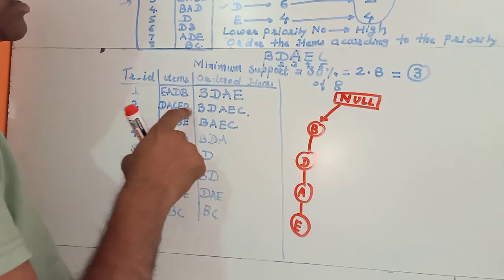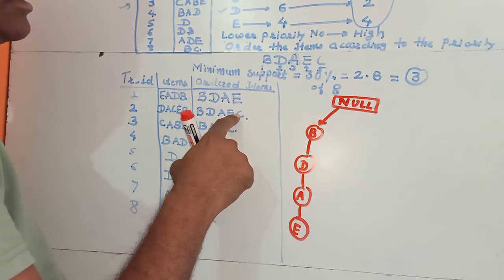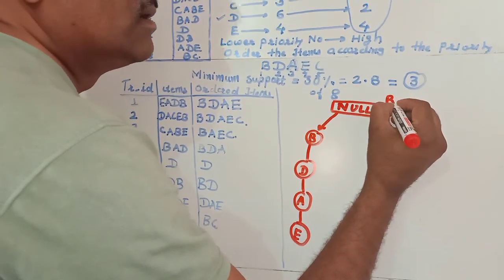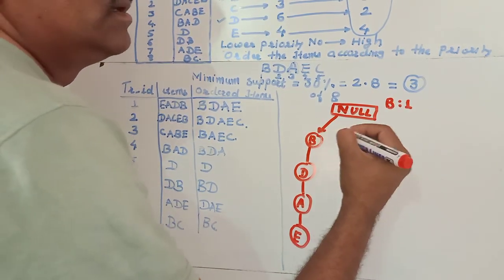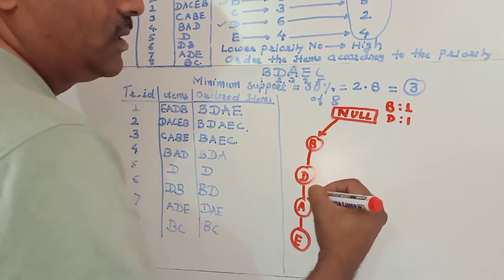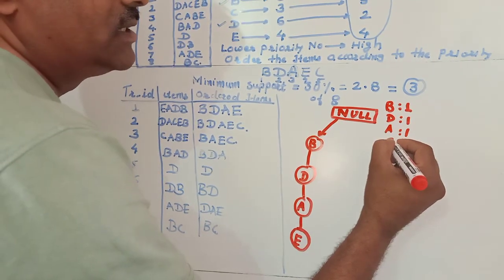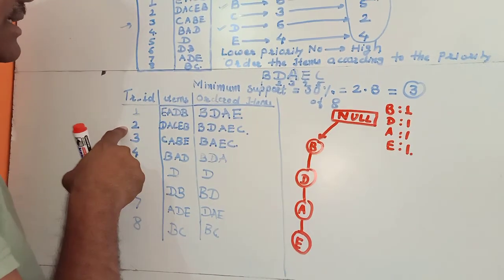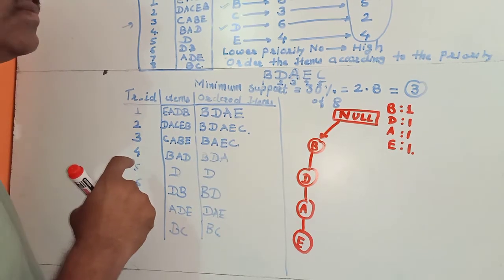The second transaction ID has new ordered items B, D, A, E and C. In the first transaction ID, the occurrence of B is 1, D is 1, A is 1, E is 1, right? Now we will check the second transaction's ordered items. So the order is B, D, A, E and C.